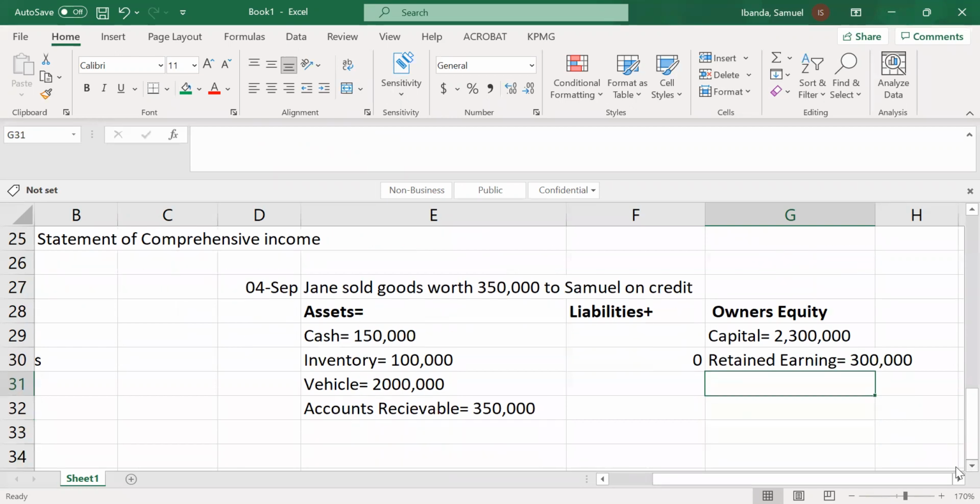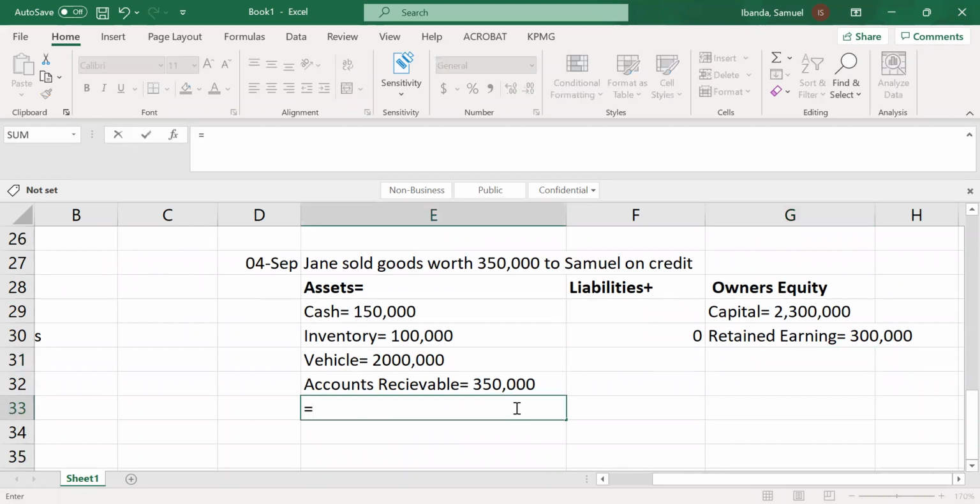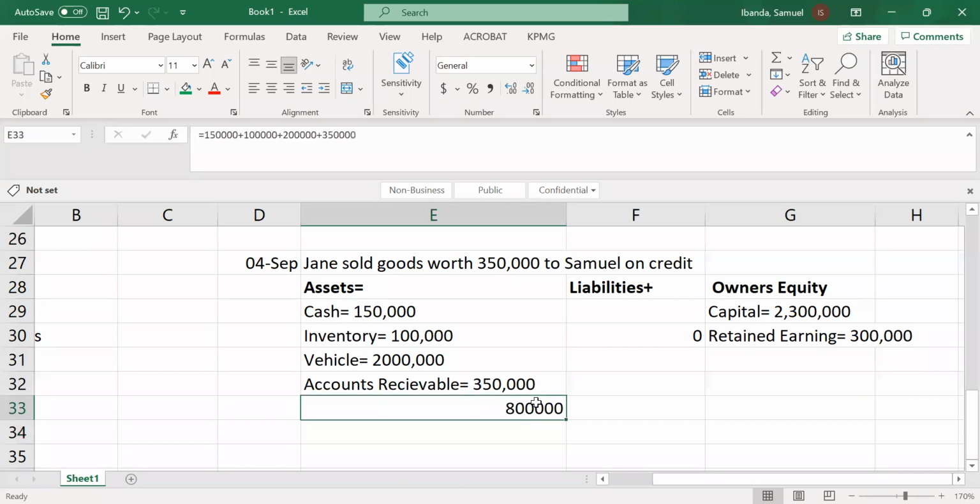So after we have done that, we're now going to add up our information here and see if we can come to an equation balancing. So 150 plus 100,000 plus 200,000 plus 350,000. Sorry, I didn't add, this is 2 million.